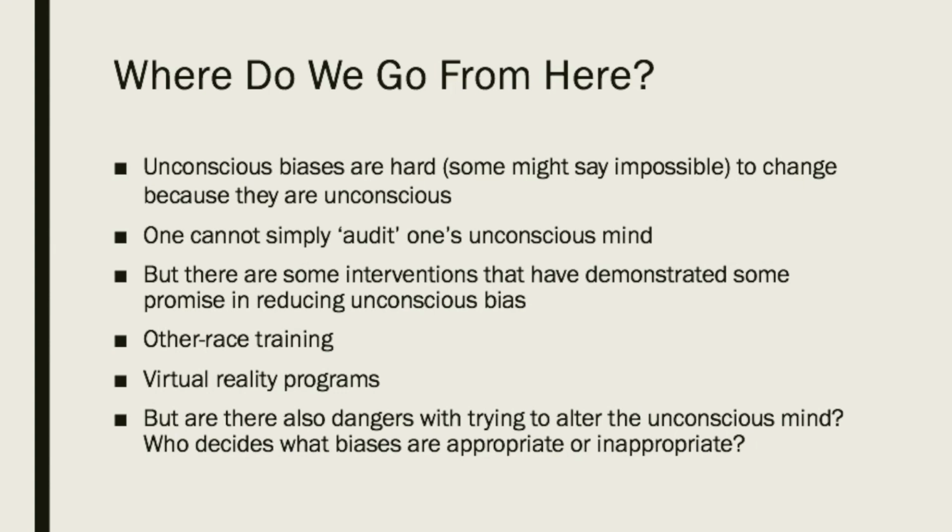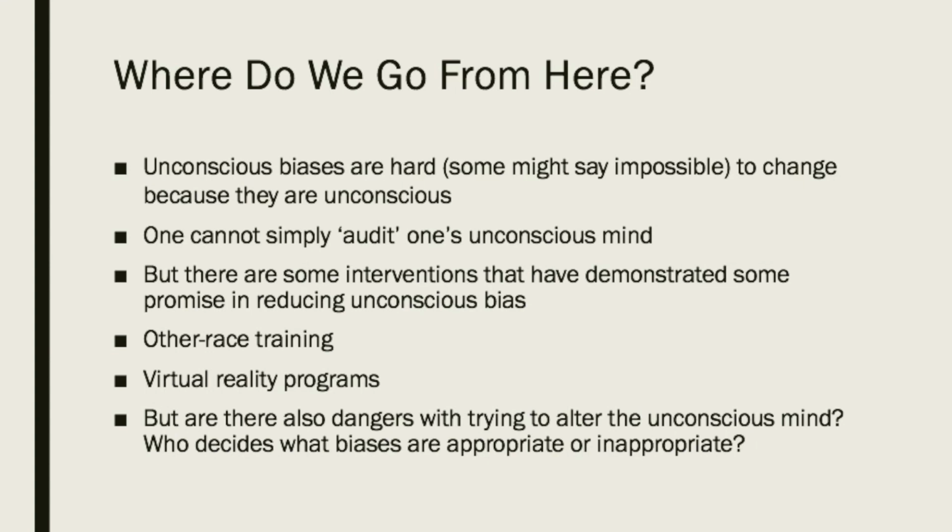You cannot simply audit your unconscious mind. The only thing you can be aware of are the thoughts that you are aware of. This sounds like tautology, and of course it is, but such an argument is necessary to show the difficulties associated with changing or altering implicit bias.